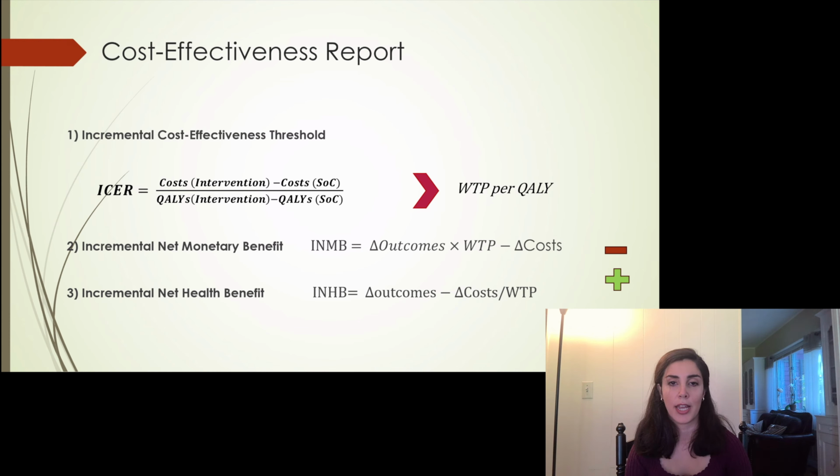The INMB reports the results in dollars, while the incremental net health benefit reports it in terms of QALYs. And these are very easy to work with because if the number is negative, that means the intervention is not cost effective, and if the result is positive, it means that it's cost effective.